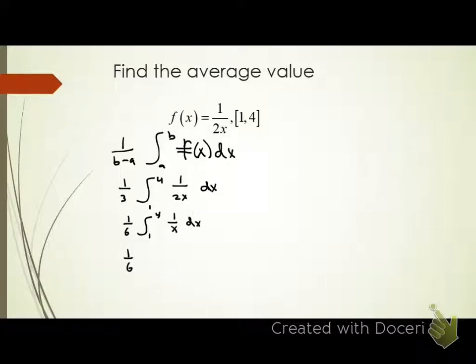I have not heard it. I heard it. The natural log of x, from 1 to 4. So that becomes 1/6. I'll write it all out so you can see it. That becomes 1/6 the natural log of 4 minus the natural log of 1, which is 1/6 the natural log of just 4.